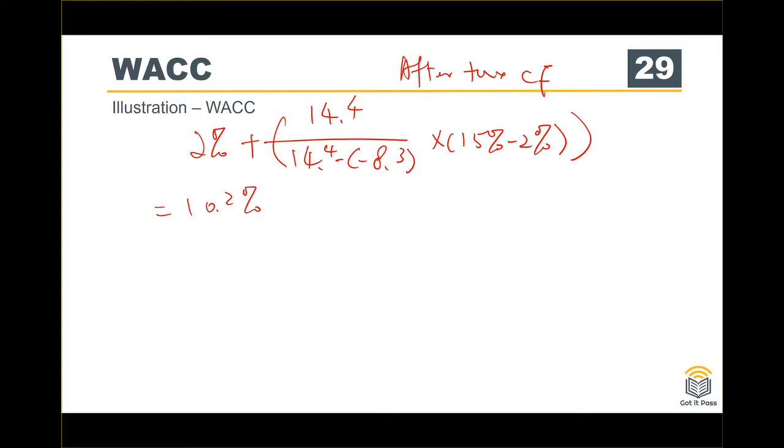For the WACC, you have 17% cost of equity times the market value, which is 525 for the equity part, divided by 525 plus the debt.